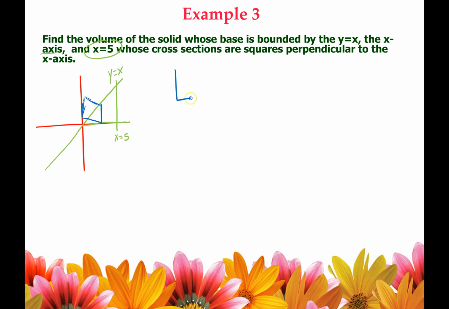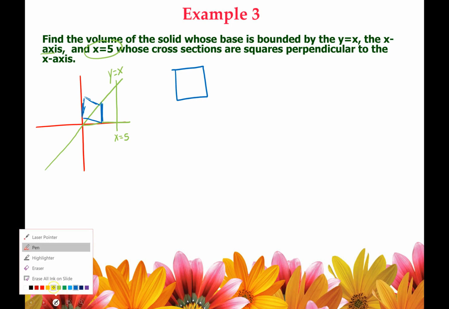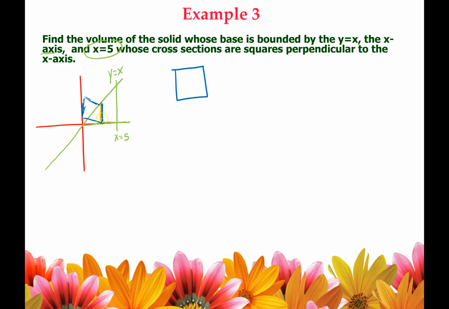And so what's our area of our square going to be? Well, this length right here, let me get a different color. This length right here is the same as this, and that's going to just be the value of x. And you can think of it as you want, as being x minus my lower curve, which is 0, or you can just think this is the height of x.